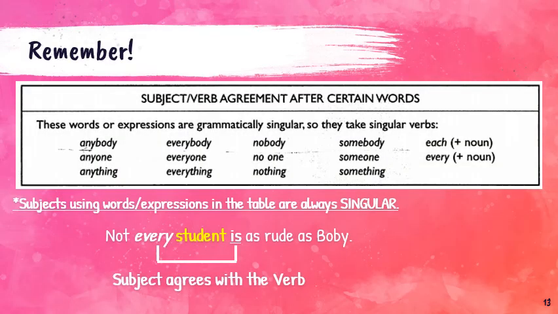Conclusion. So, there are some words or expressions which are grammatically singular. Jadi ada beberapa kata atau ekspresi yang secara grammar bermakna tunggal, yaitu anybody, anyone, anything, everybody, everyone, everything, nobody, no one, nothing, somebody, someone, something, each and every.